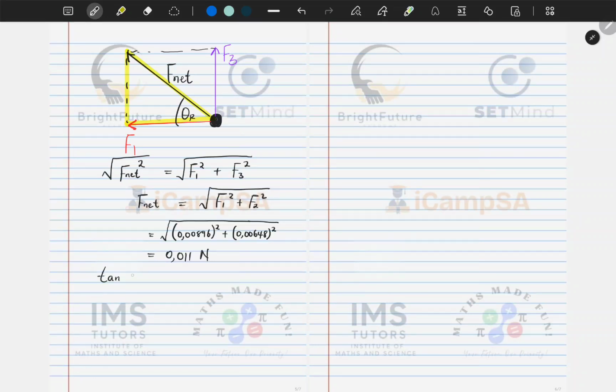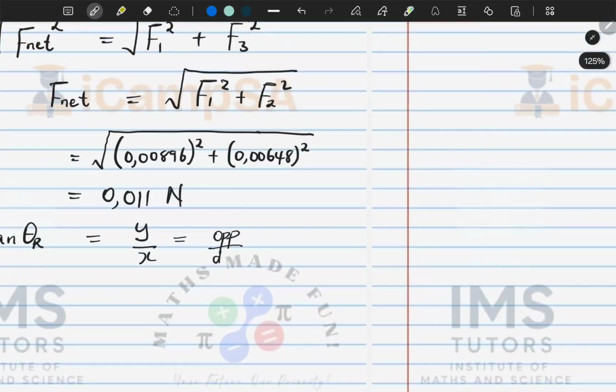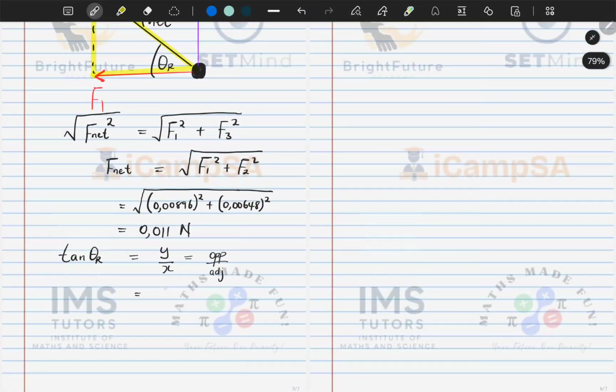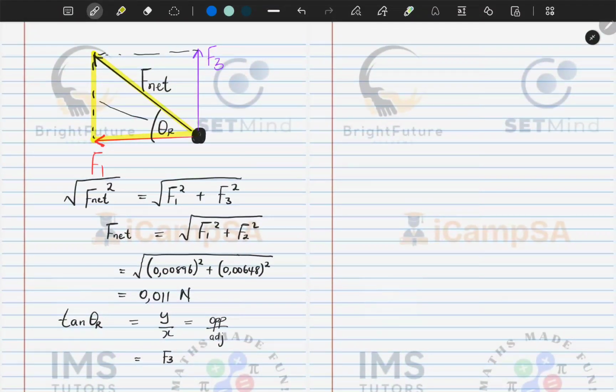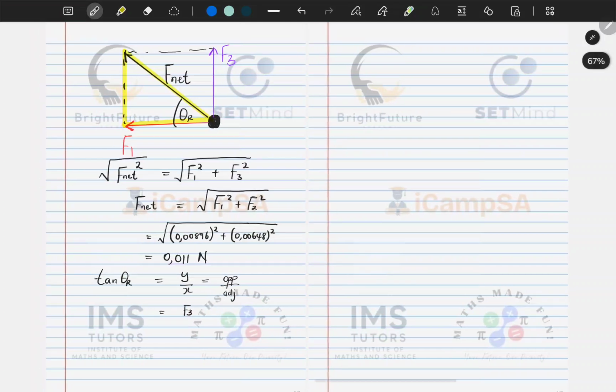Say tan theta. Let's call it theta r. Obviously, it has to be y over x, or some call it opposite over adjacent. It's up to you. Let me zoom in. Now, which one is the opposite side and which one is the adjacent side? So basically, our F3 is the opposite to theta r, right? And then adjacent to theta r is F1.